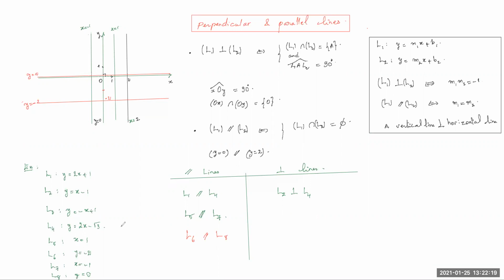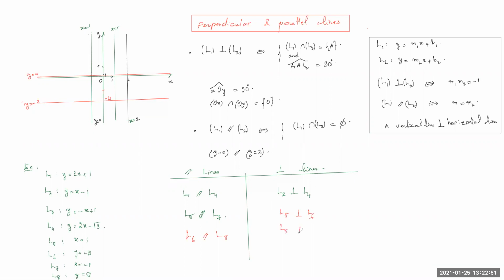What else? Is there another one between the vertical lines now? Which ones are perpendicular now? If I look at x equal 1, it is perpendicular to y equal minus 2, so I will have L5 perpendicular to L6.